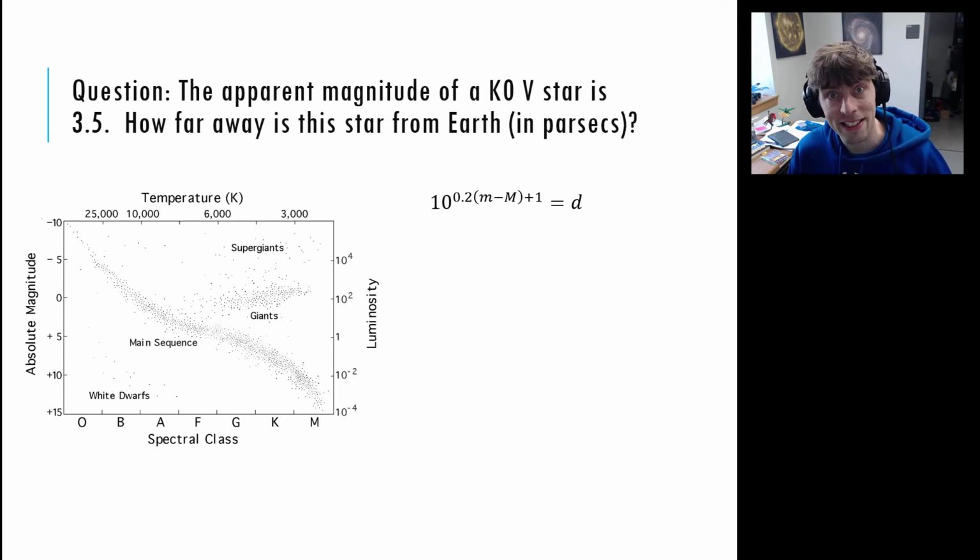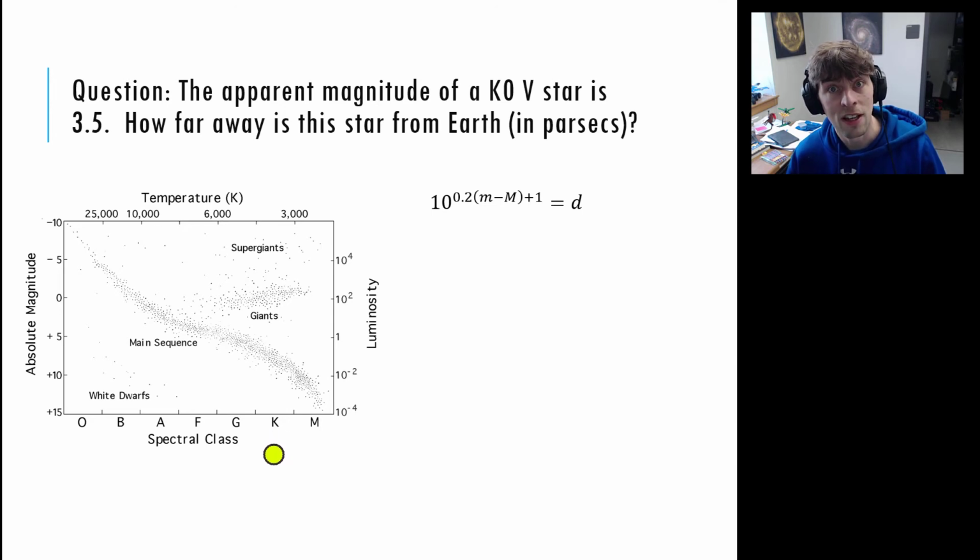Now, it's not by accident I've given you this HR diagram, because you need to use the HR diagram in order to solve this problem. So let's start off with this. A K0 star. That's the spectral class, right? Annie Cannon. So we need to go down here and say, okay, we've got the O's, the B's, the F's, the G's, the K's. There's the K's.